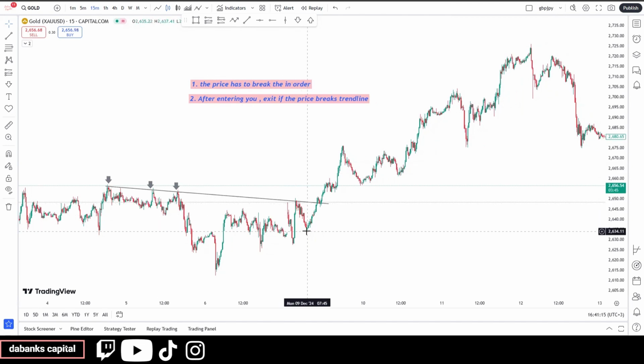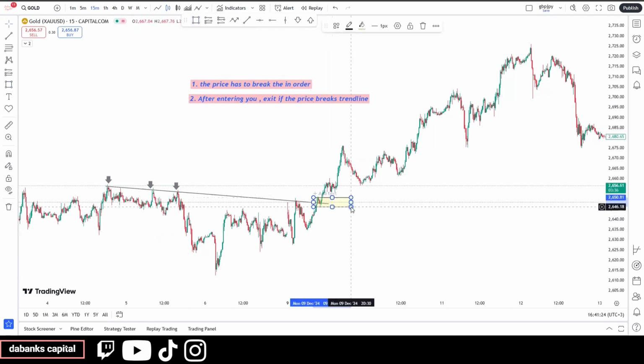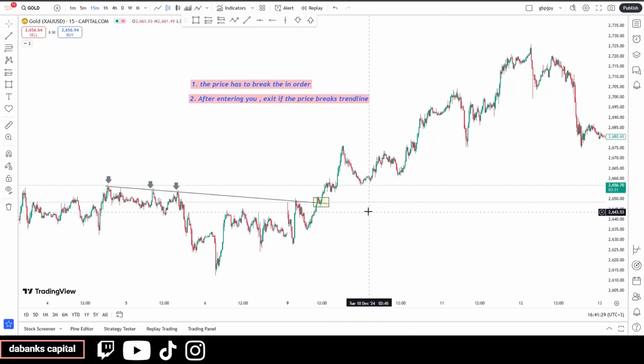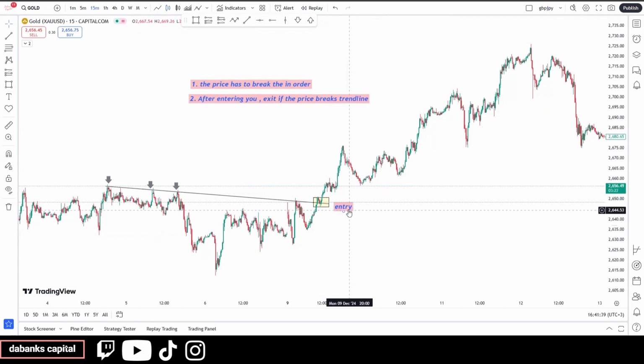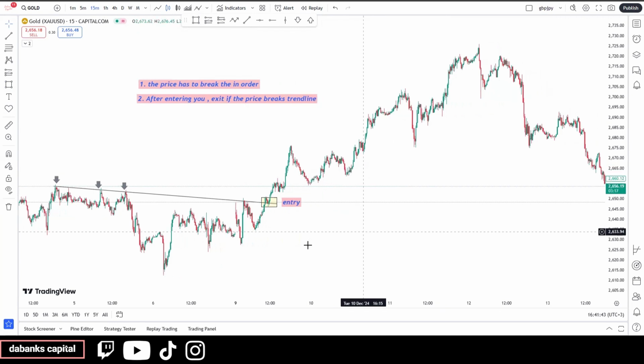Now, once the trend line has been broken, that's the area where you find your entry. So for example, I could consider here to be our best entry point at this location. After entering, you should draw another trend line from here all the way up.